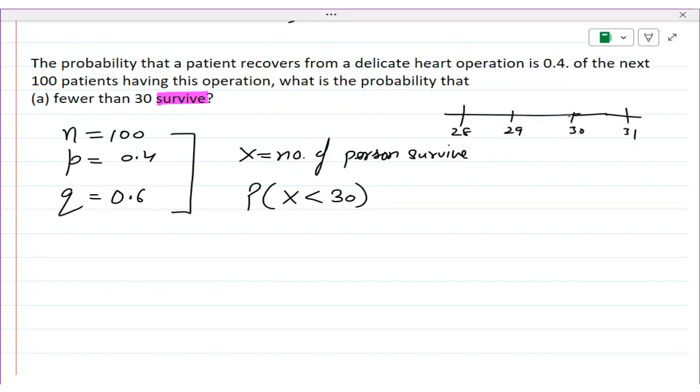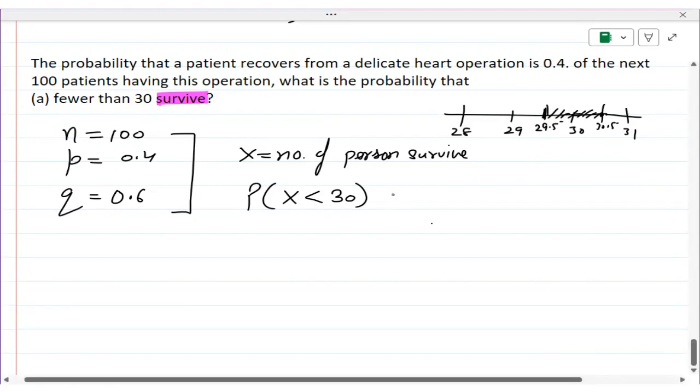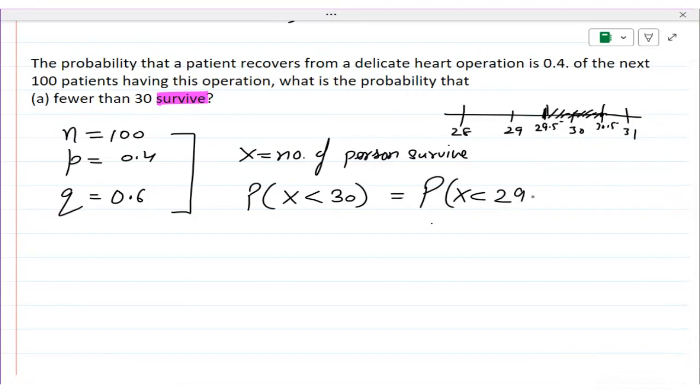So 30 does not mean 30, because now you're trying to make this discrete thing continuous. 30 means 29.5 to 30.5, and you're asked less than 30, so you have to find less than 29.5. Any doubts, students? So in the true sense, we have to find the probability of X less than 29.5.